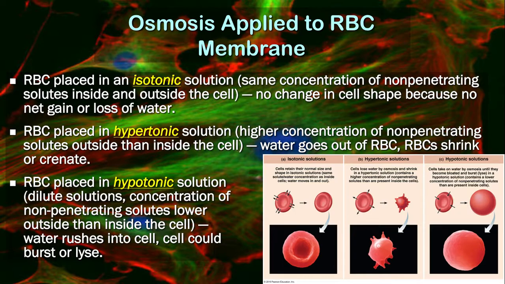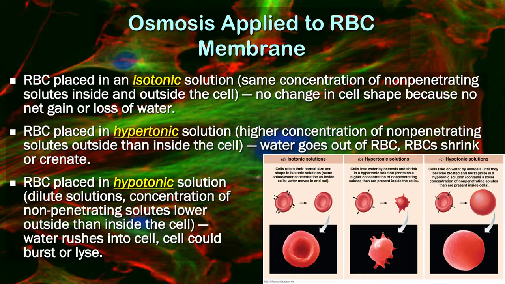The next solution is a hypertonic solution. From your knowledge of cells and background information and your reading you've already done, what do you know about hypertonic solutions? Is there more solute or less solute? Okay, a hypertonic solution has more solute, hyper or above.